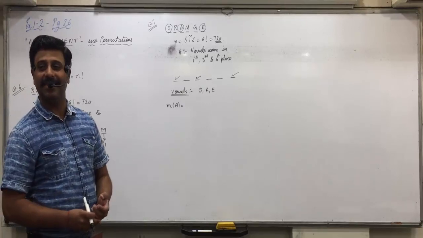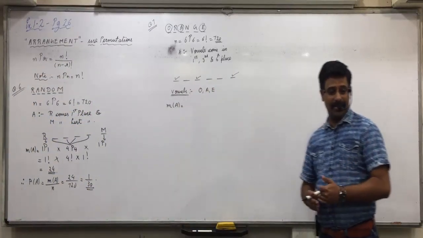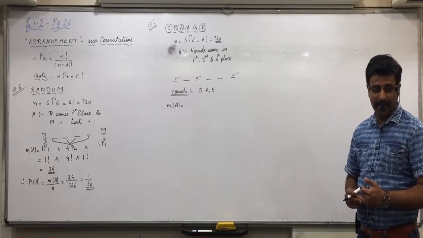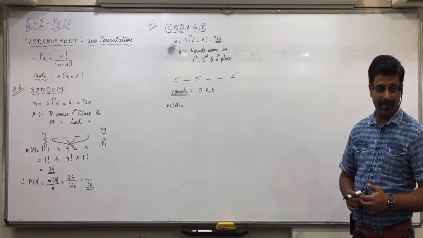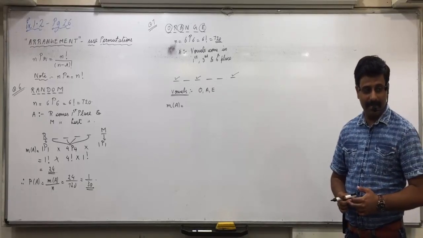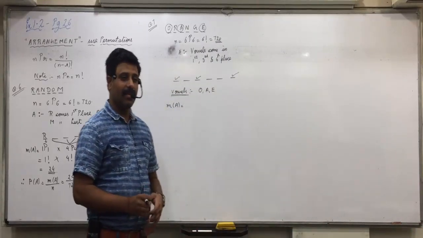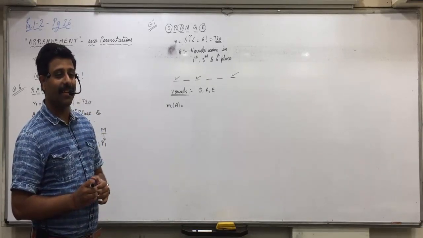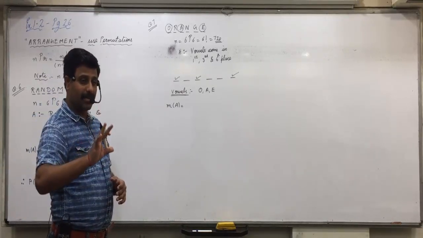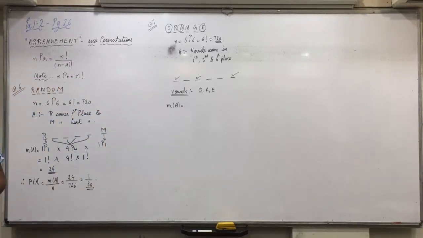Anyone else? Pooja. Shiva. 3P3 means how many times? Means 6 times. Renuka: 3P1 into 3P3 into 3P1 into 3P1.